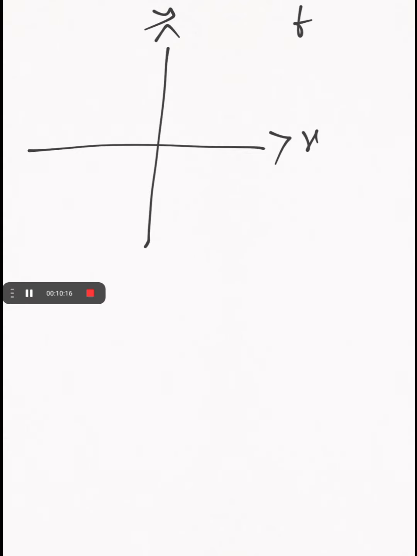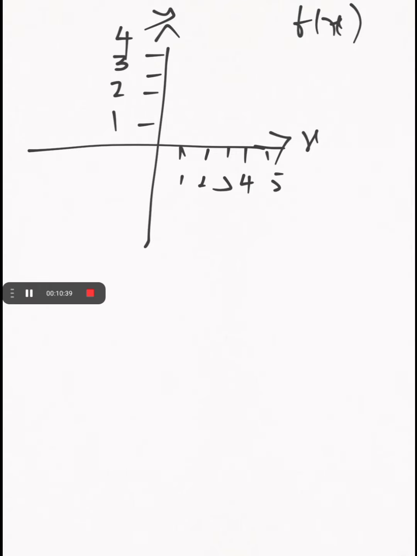Now we draw the graph of f of x. This is x-axis, this is y-axis, this is f of x graph. Here 1, 2, 3, 4, 5, and 1, 2, 3, 4.